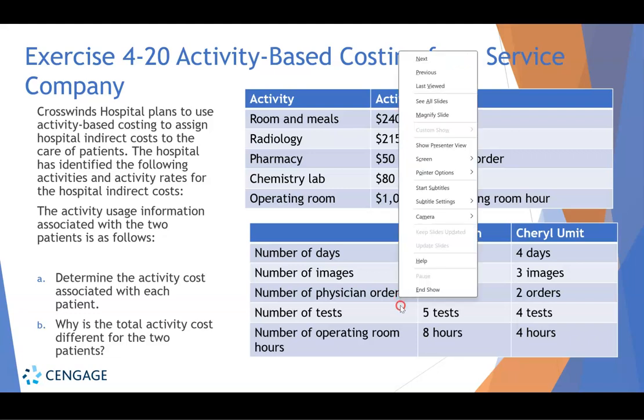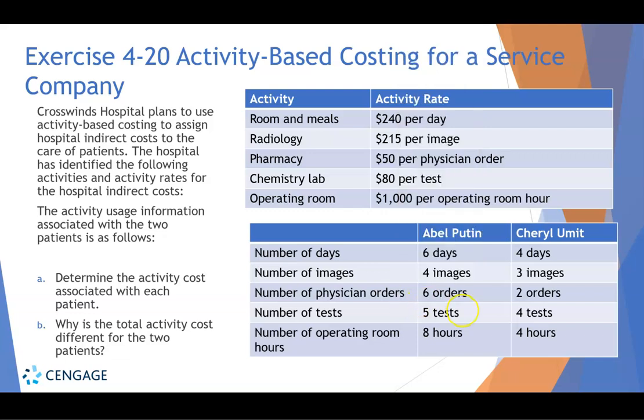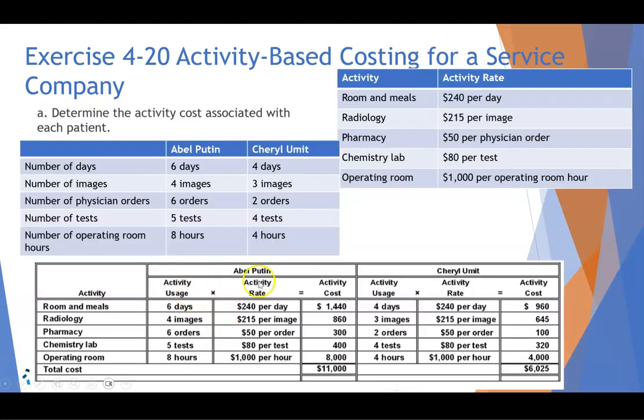We've got 2 patients, Abel and Cheryl, and we'll look at the activity costs associated with each patient and see why they're different. Abel was in for 6 days, having 4 images, 6 pharmaceutical orders, 5 tests, and 8 operating room hours, so his cost is $11,000.